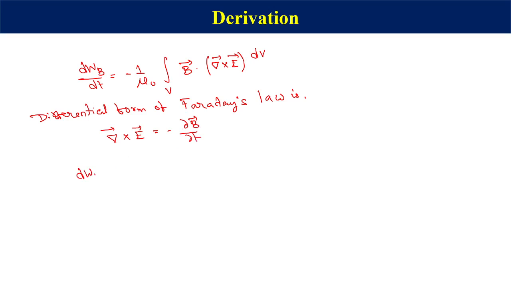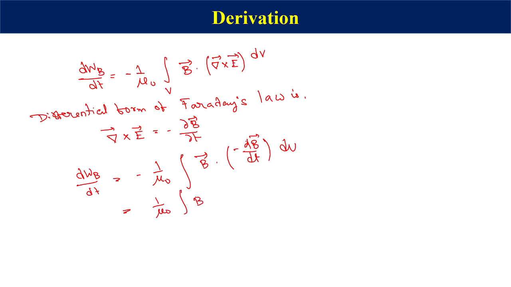So dWb upon dt is equal to minus 1 upon mu naught, integration B dot minus del B upon del t dV. So minus minus becomes plus, and you remain with this particular term.